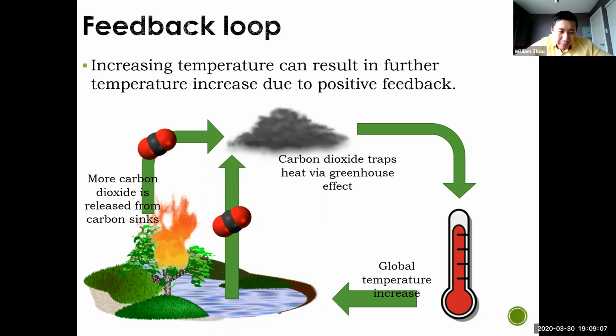Similarly, higher temperature means higher risk of forest fires. There have been multiple forest fires in the past few years, like Brazil in the Amazon, also Australia this current year. So those are all partly due to the greenhouse effect. I can't say entirely. Australia mostly due to the greenhouse effect and climate change.